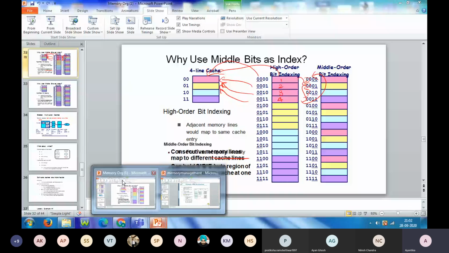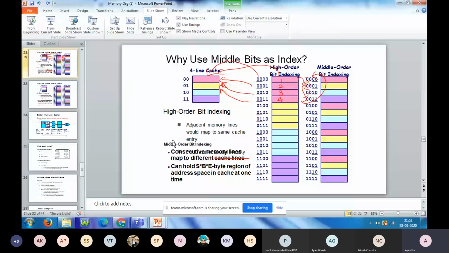So this is the concept of cache. What we have discussed so far is that there are two things. Whenever we are talking about memory, everything is related to some amount of mapping.